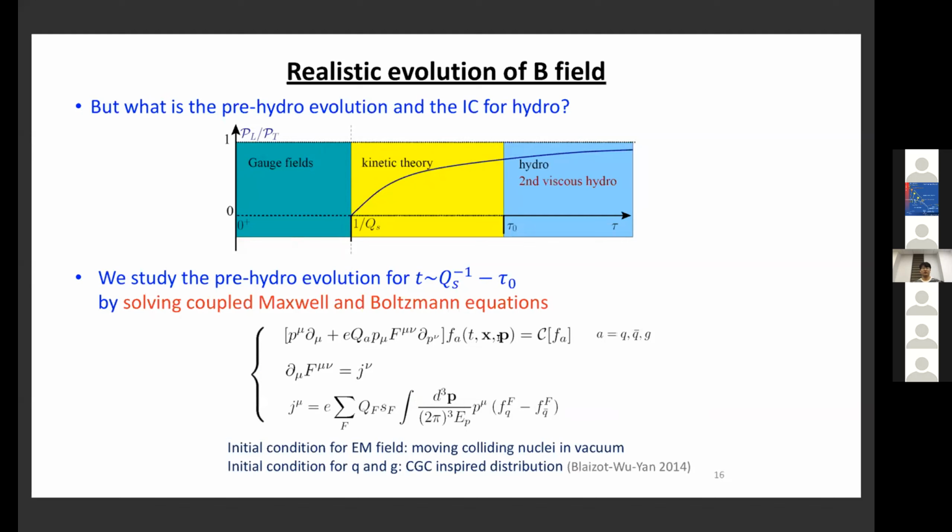We solved the Boltzmann equation and the Maxwell equation together, with the initial condition for the electromagnetic field given by the moving colliding nuclei case. For the initial condition for the quark and gluon distribution, we use the CGC-inspired distribution.